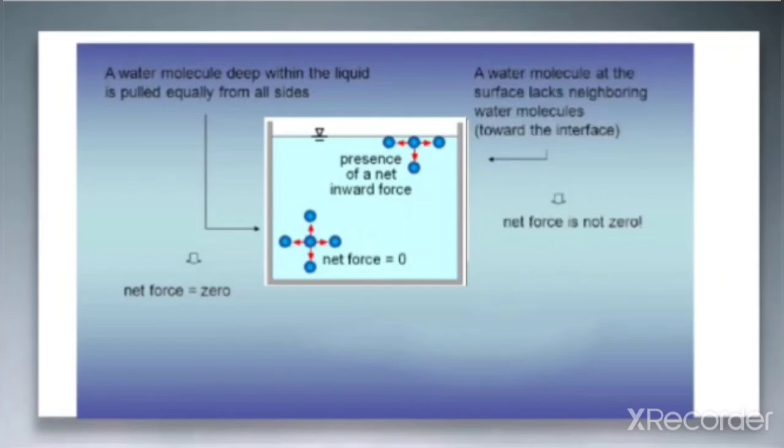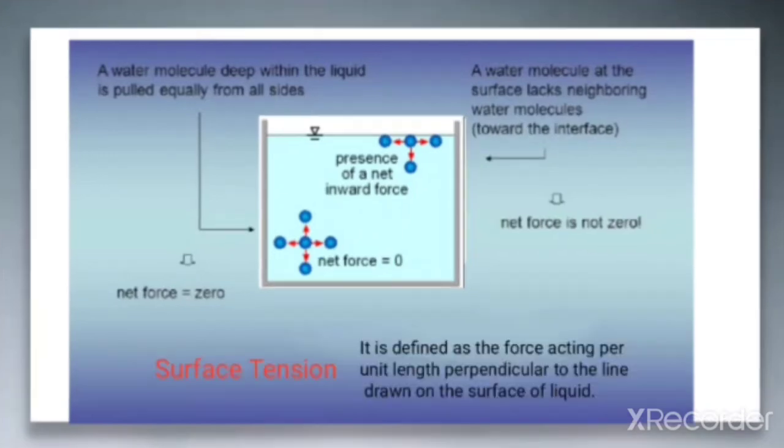But the molecules on the surface experience a downward force, that is, the net force is not zero here. So the molecules on the surface are under a tension because of the unbalanced force here. So how do we define surface tension?